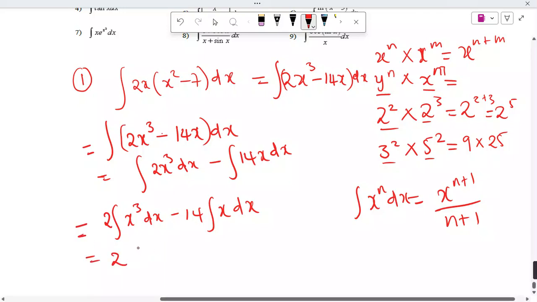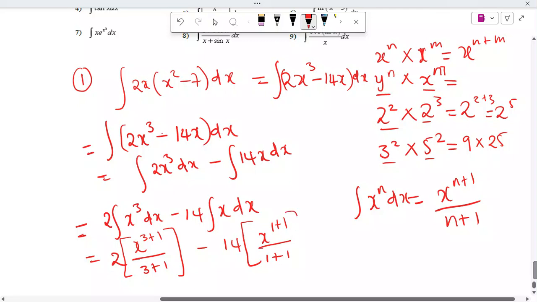So this is the same as 2. So write 2 outside, then open bracket. So x has a power 3, so we say x to the power 3 plus 1 over 3 plus 1. This is the first part, minus 14. This x has a power 1, so we say x to the power 1 plus 1 over 1 plus 1 plus c.